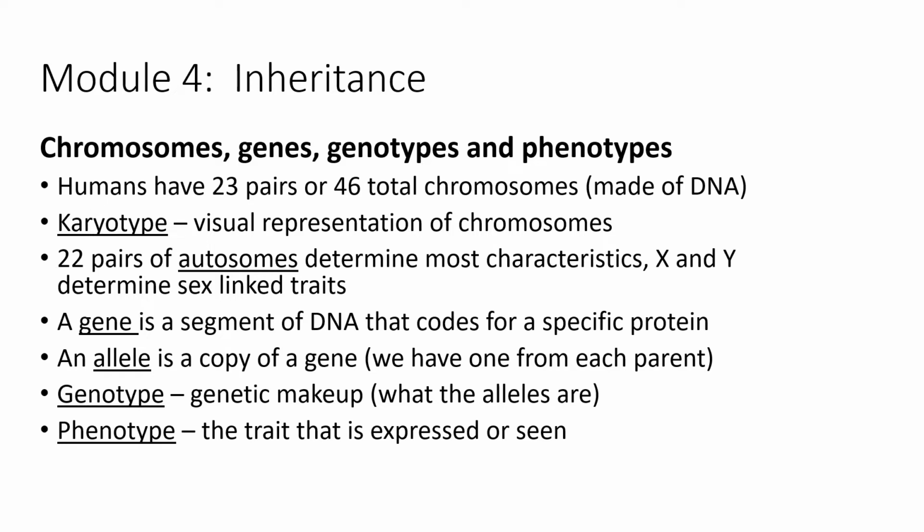Let's say within that pair, there's a gene that codes for dimples. Now, the allele being a variation of that gene, let's say one chromosome has the allele that codes for dimples and the other has the allele that does not code for the protein that is eventually going to result in dimples. So the allele is just a variant of the gene.